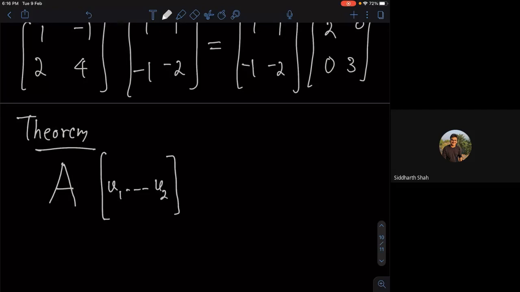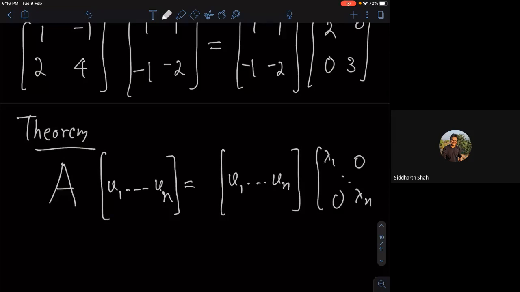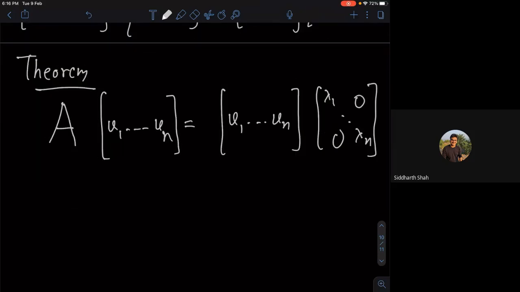What is this equal to? Same V1, V2 up to Vn times that matrix with lambdas as diagonals. Right? You all agree to this? Why is this true? What is the proof of this?